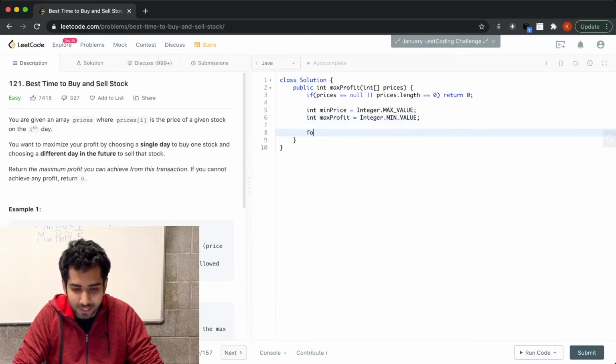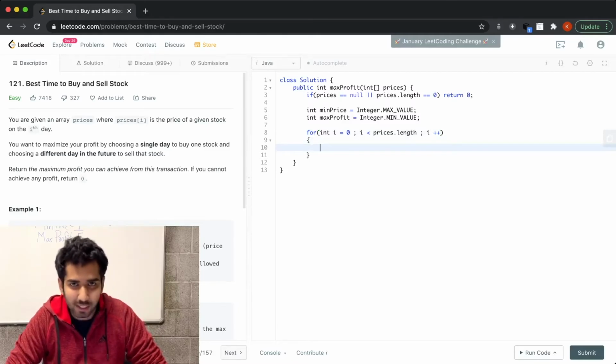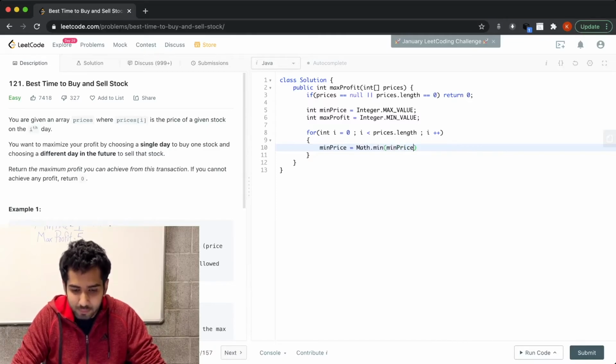Okay, let's quickly iterate through the prices array. int i is equal to 0, i is less than prices.length, i++. Okay, at each index we'll be checking two things, one minimum price and one maximum profit. So minimum price will be Math.min of current minimum price and the current value prices[i].